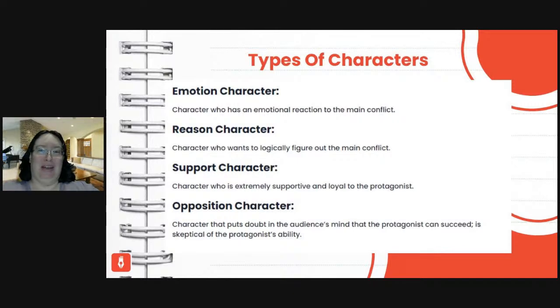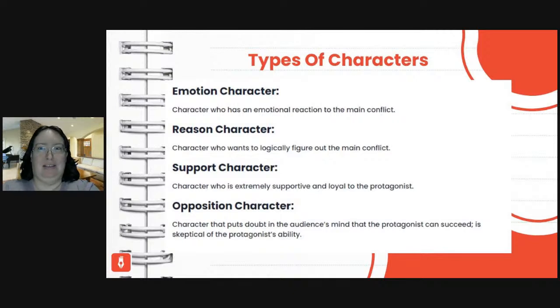They're the people who analyze everything and address things with a logical plan of attack. Your support characters are going to be other side characters who are supportive and loyal to the protagonist. And then your opposition characters. The opposition characters are a little more malicious often than a distraction character.